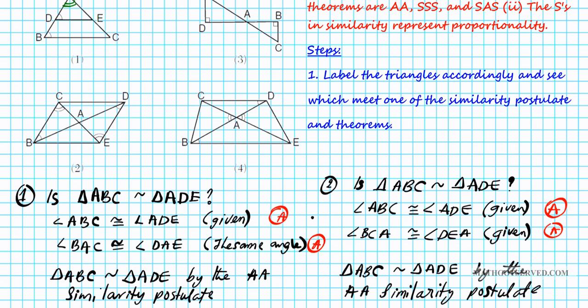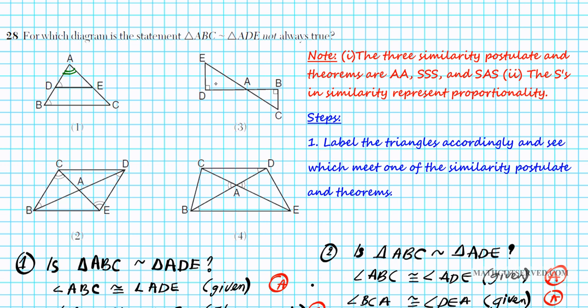If you take a look here, we have two right angles. That means they're congruent. And we also have a vertical angle here. Angle EAD is a vertical angle with angle BCA. So these two are going to be congruent. So we have AA also.